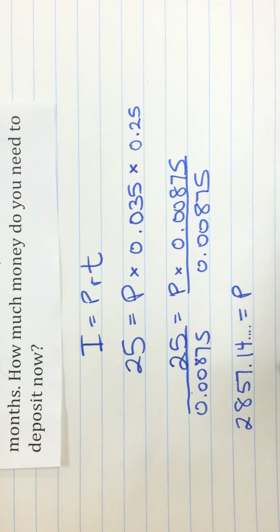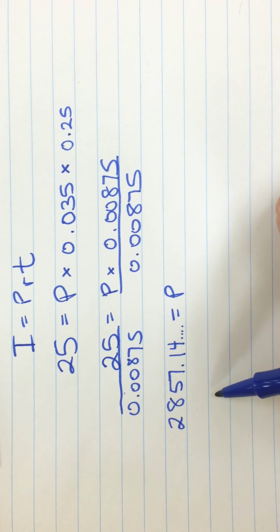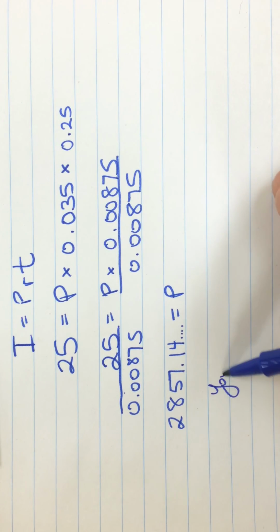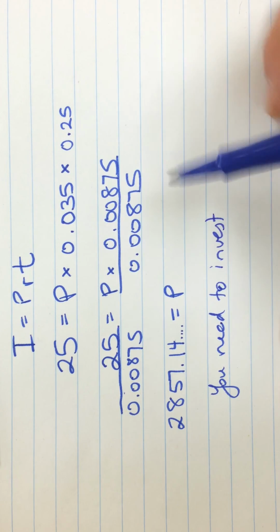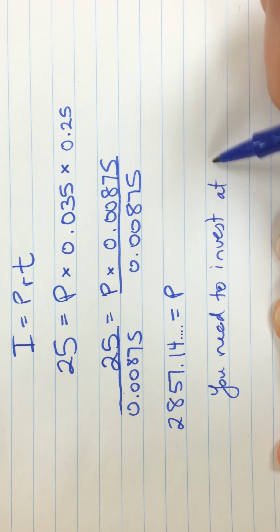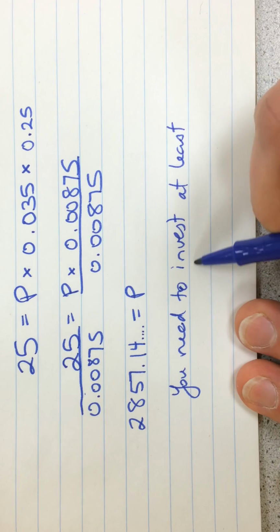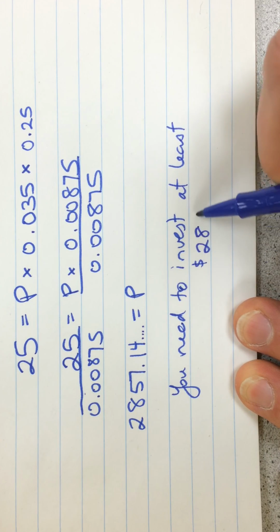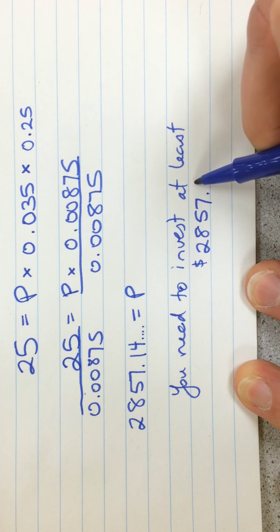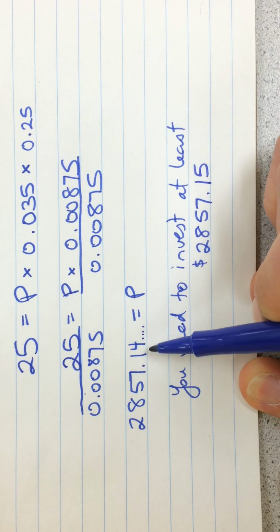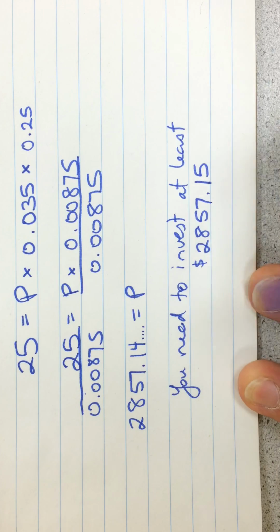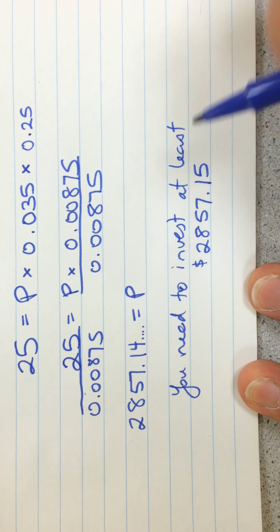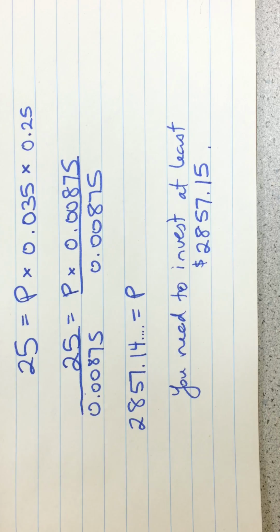There are some decimal places there which I'm not including, and so you need to invest at least $2,857 and actually 15 cents. If you only invest 14 cents, you won't actually earn quite enough interest, and so invest 15 cents to get the amount that you're looking for. So that's how simple interest works.